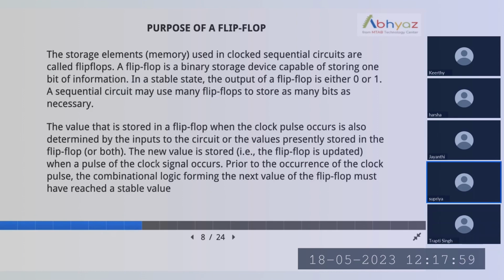What is the purpose of a flip-flop? The storage elements in clocked sequential circuits are known as flip-flops, so they are the basic storage elements, that is, the memory. A flip-flop is a volatile binary storage device capable of storing a 0 or 1 bit of information. You may ask, what is the size of the flip-flop? It is 1 bit.